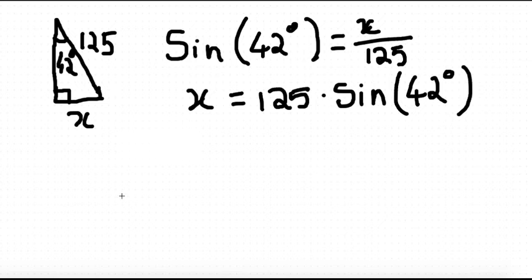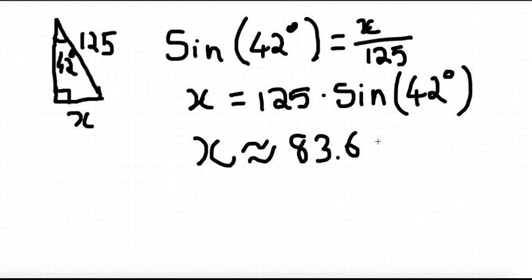And when you plug that into your calculator, x equals approximately 83.641 feet. And that is the maximum distance the two buildings can be apart.